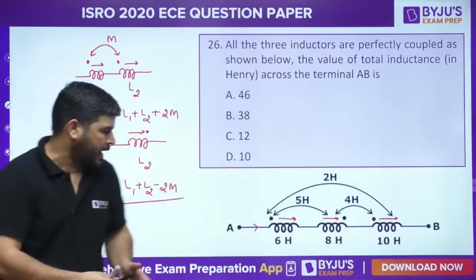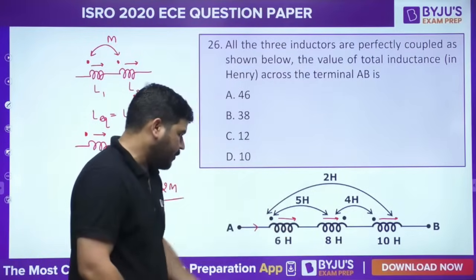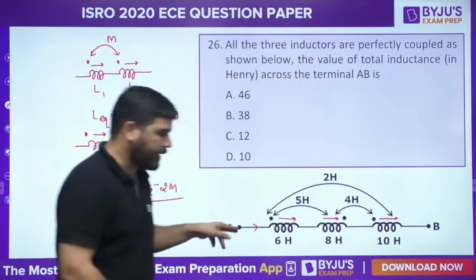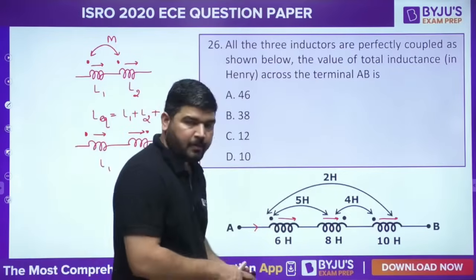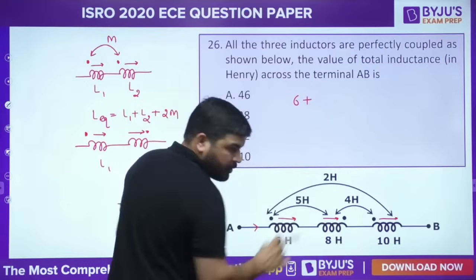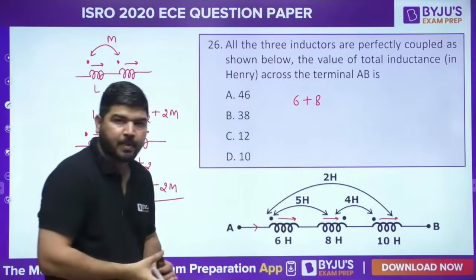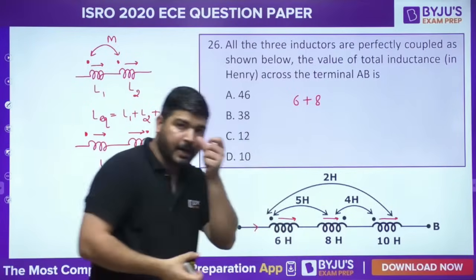Now you have to apply the same concept here. So what I'm doing is, I need to calculate the equivalent inductance. So you can start from A. First, this is 6 Henry. And what about this? This is 8 Henry. So let's first cover these two. This is 6 Henry, this is 8 Henry.